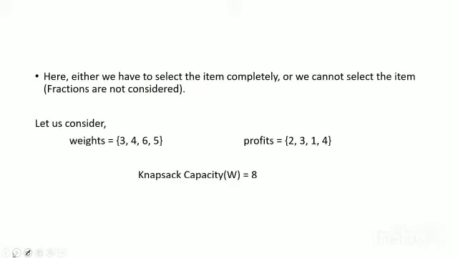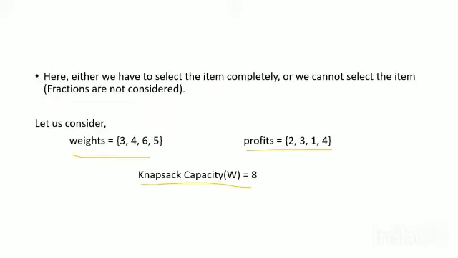I hope you guys are aware of the fractional knapsack problem. There we were given some weights and corresponding profits, and we had to make the choice of these items in such a way that we make the maximum profit, given that the knapsack capacity is 8. So that was a constraint upon us. There we had the provision of either selecting the item completely or selecting the item in fractions.